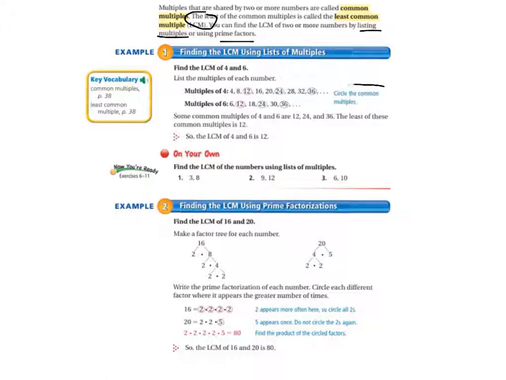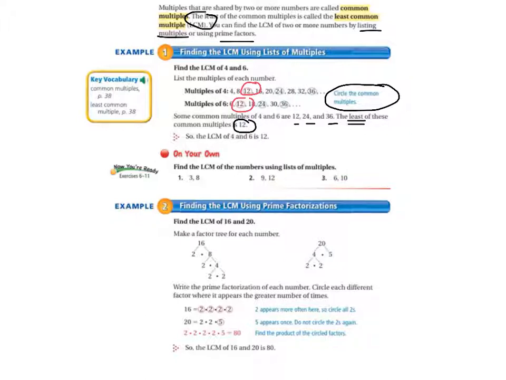It has directions to circle the common multiples, and the book has done that for you. Some common multiples of 4 and 6 are 12, 24, and 36. The least of these common multiples is 12. So they have circled that one in red for you.